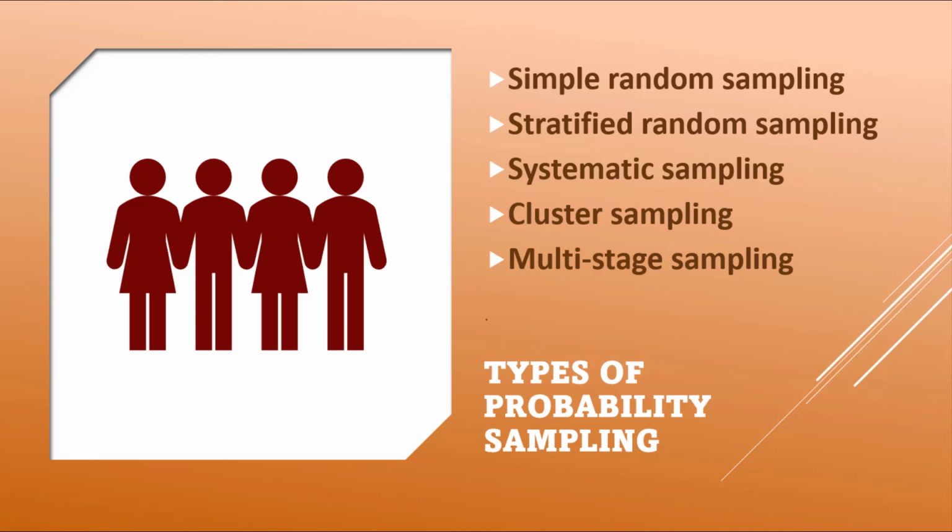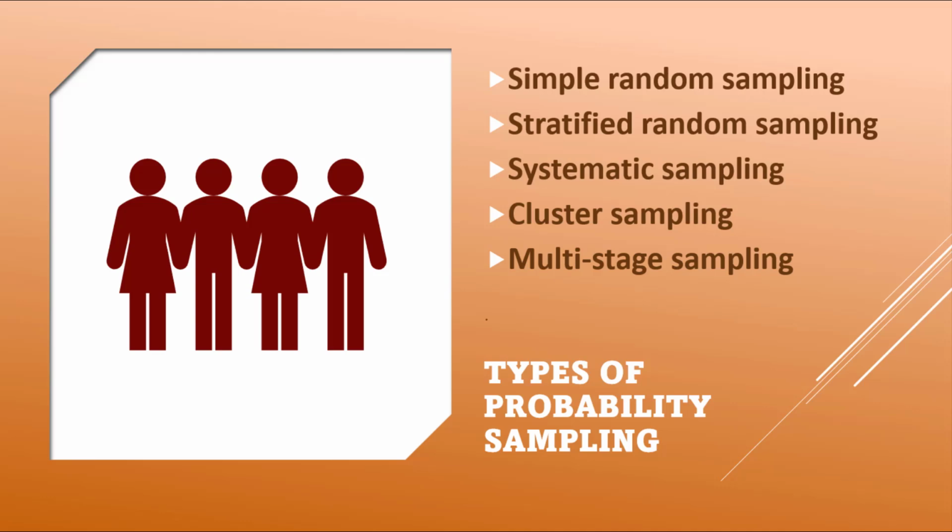Finally, in probability sampling, we have multi-stage sampling. It's actually a combination of two or more of the above methods used to select a sample. For example, if I am conducting research on banking sector employees, first of all, I select different banks by using any of the sampling techniques we discussed, like cluster sampling, systematic sampling, stratified sampling, or it could be simple random sampling.